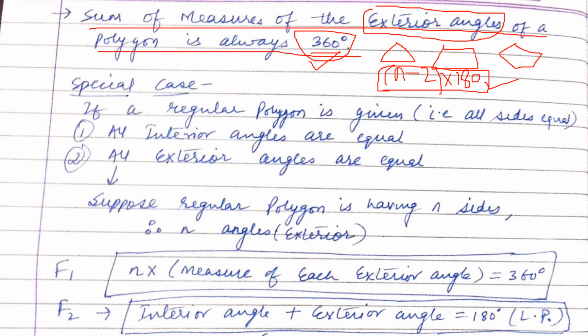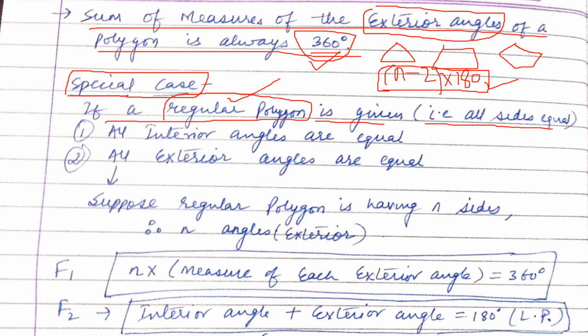Now there is a special case of this sum of exterior angles, and that is, let's discuss. If we have a regular polygon, we all know what is a regular polygon. A polygon in which all sides are equal. Okay, if a regular polygon is given to us in which all sides are equal, we know in a regular polygon all angles are also equal.